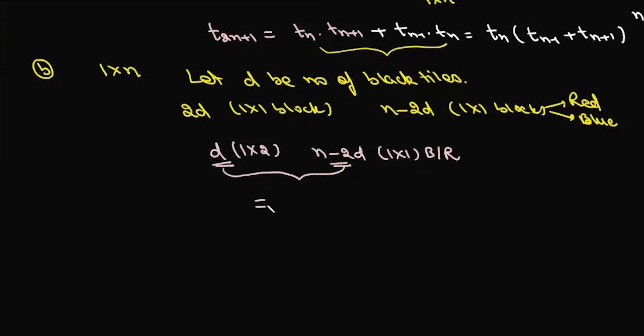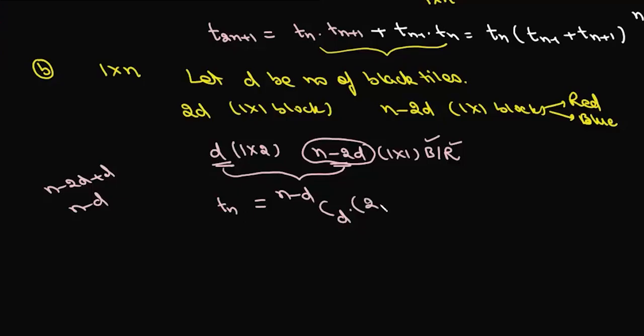Now the total number of tiles is n-2d plus d, which is n-d, and let's choose d tiles for the black ones, so it can be done in (n-d choose d) ways, into, for these remaining n-2d tiles we have two choices, either we can put a blue tile or a red tile. So for each tile we have two choices, so here this Tn will be 2 into 2 into 2, n-2d times, so it will be 2 to the power n-2d.